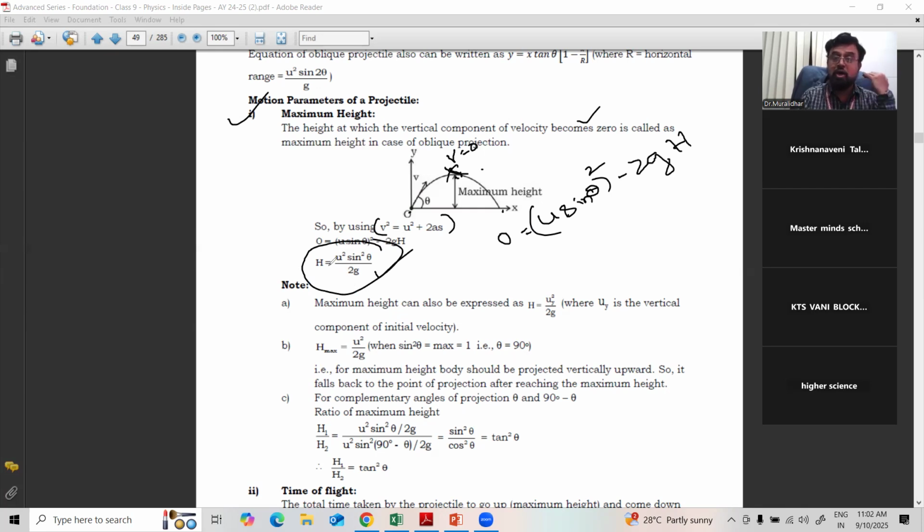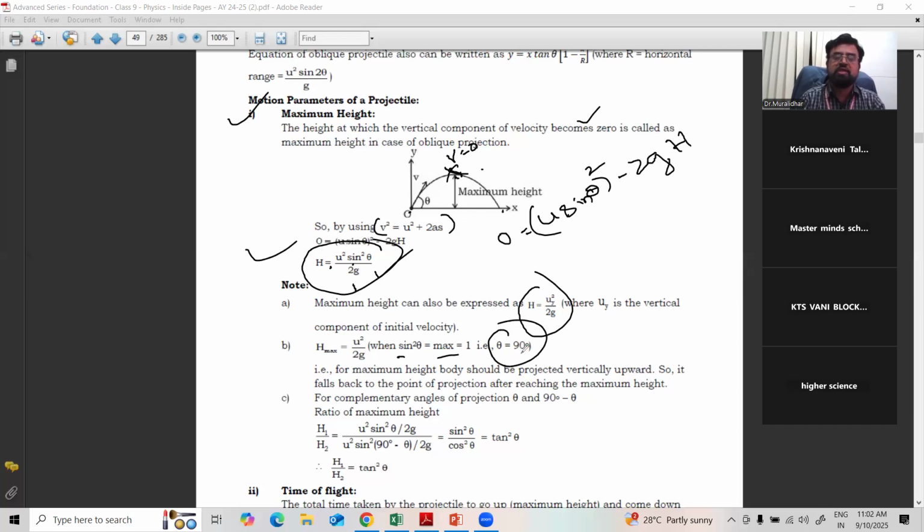maximum height is u square by 2g, for a body in a straight line. But as it is an oblique case, we write sin theta also. U square sin square theta by 2g is the formula for maximum height reached by an oblique projectile. So maximum height can also be expressed as h max is equal to u square by 2g when sin theta is maximum, 90 degrees.